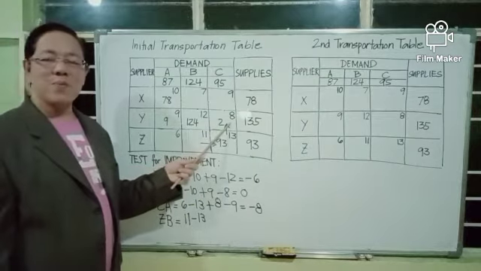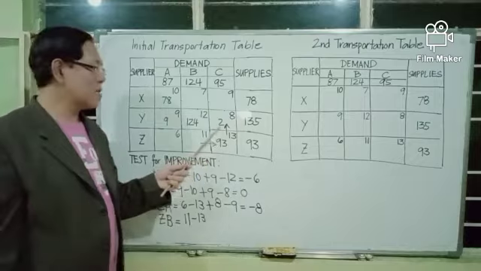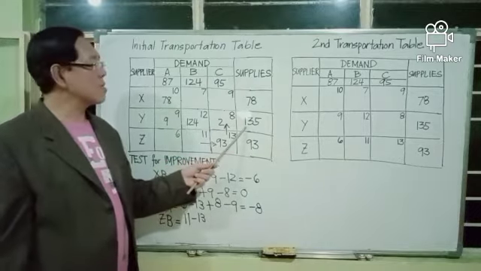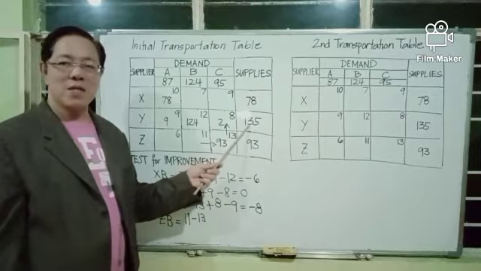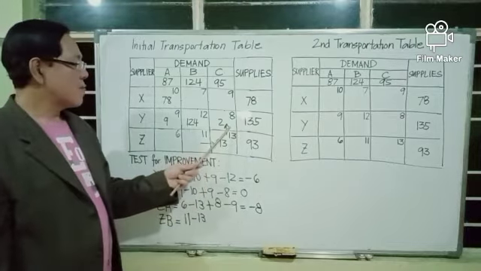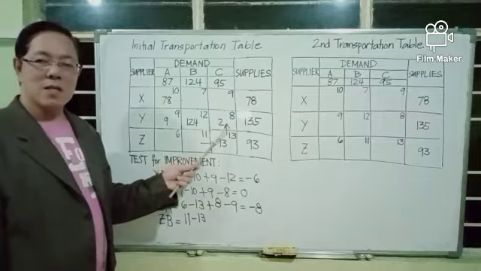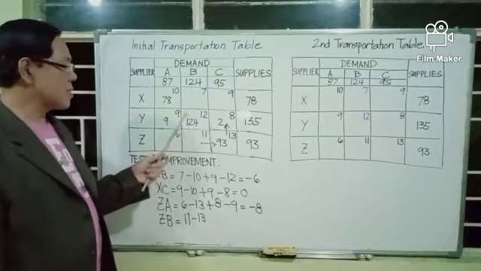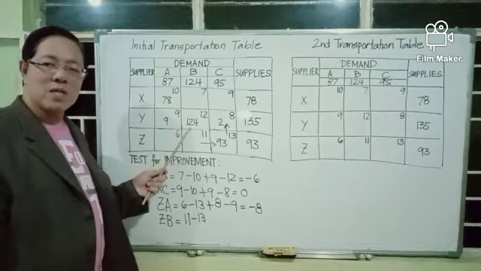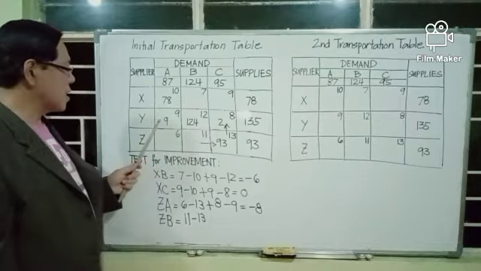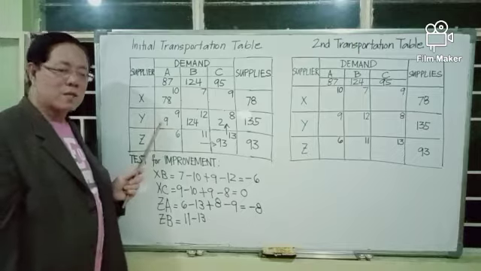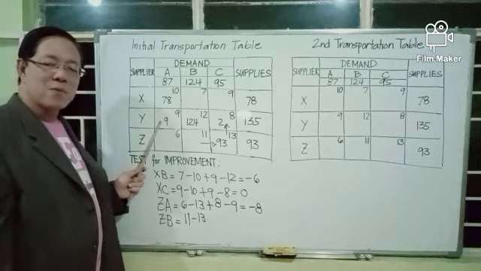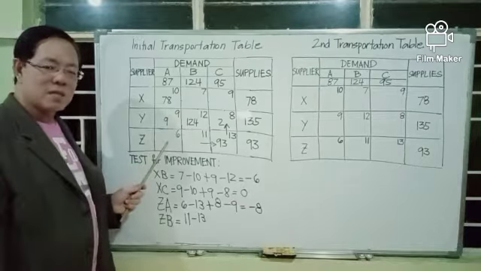After this vertical movement, the next move is horizontal. We do not move horizontally to the right because this is the supplies of the third supplier Z. From 2, we move horizontally to the left. If you try to skip this 124, from 2 you go straight to 9. You can do that, but the next move is vertical. If you move vertically downward, it's vacant.